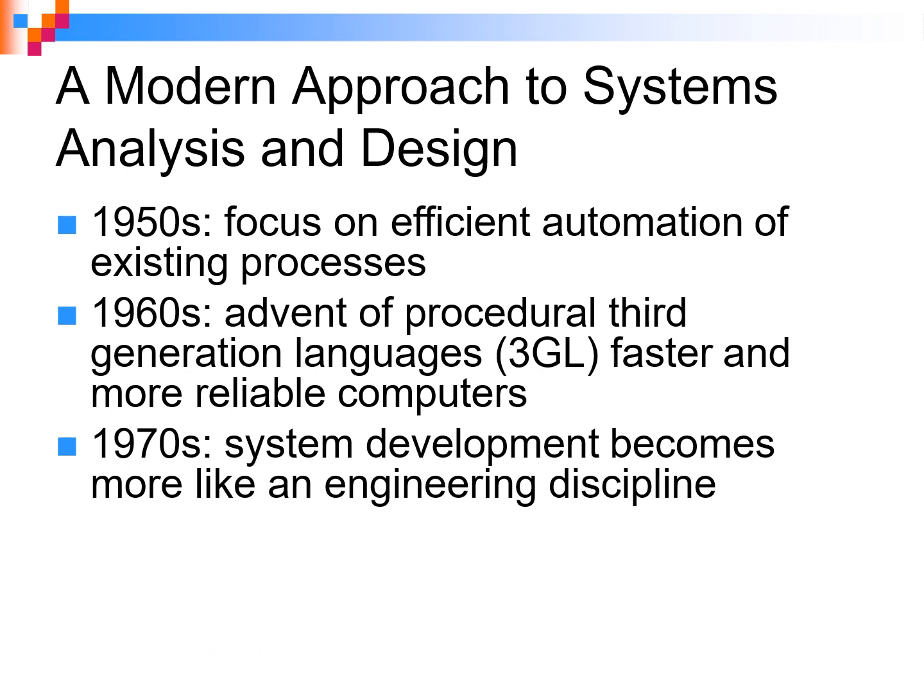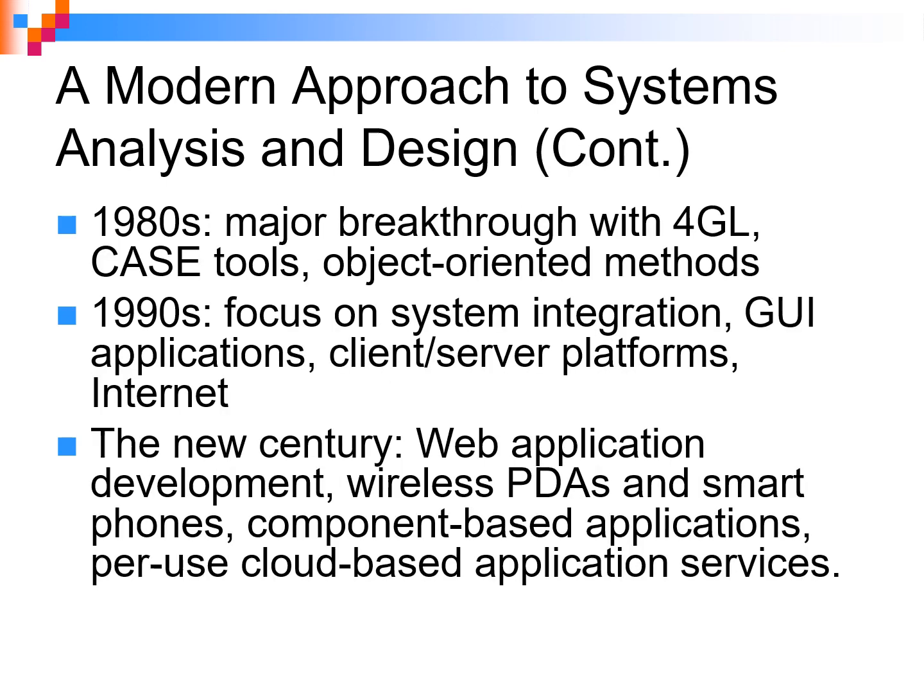Early database management systems, using hierarchical and network models, helped bring discipline to the storage and retrieval of data. So the development of database management systems helped shift the focus of system development from process first to data first.